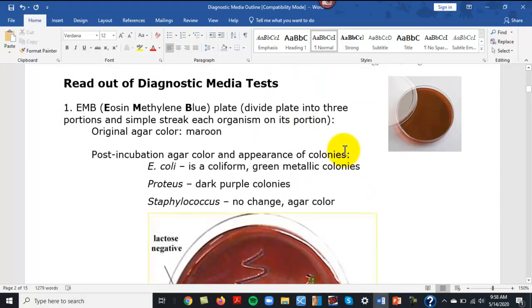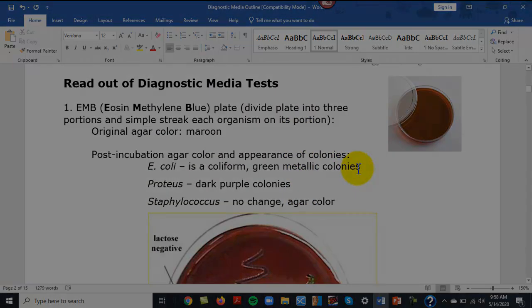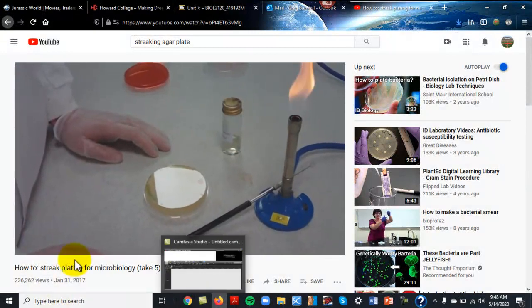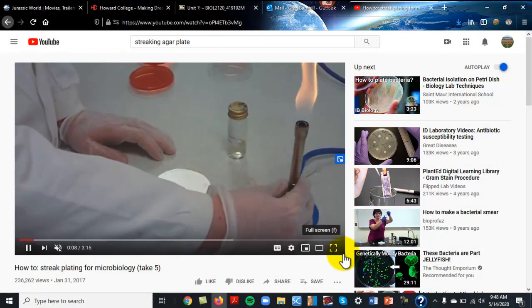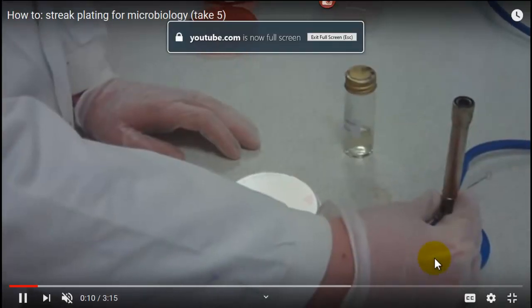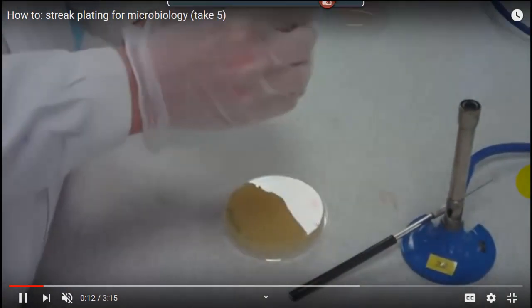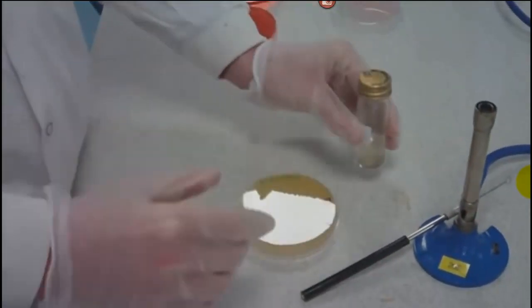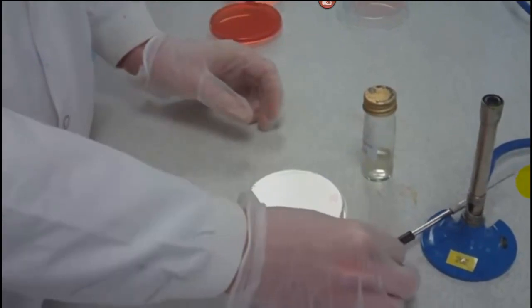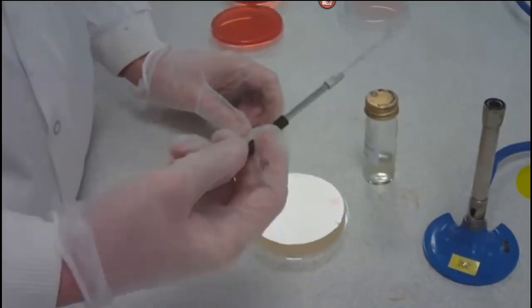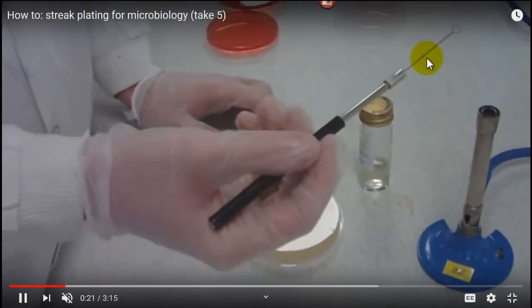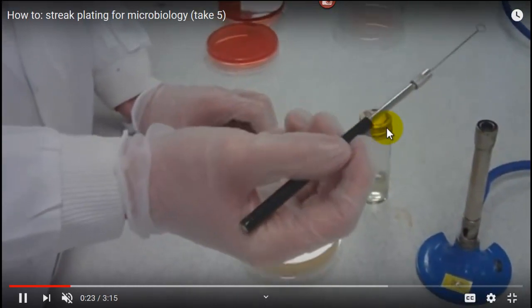So what you would do is you would streak the plate. Now this is a video of a person. Here's the Bunsen burner. In fact, let's make it full screen, why don't we? So what is in their hand, I'm assuming, I've got the sound off, is an inoculating loop. They have in this bottle, I'm sure, culture.